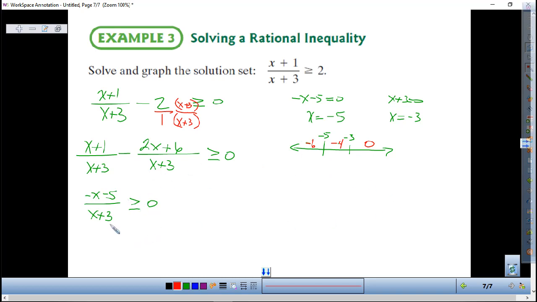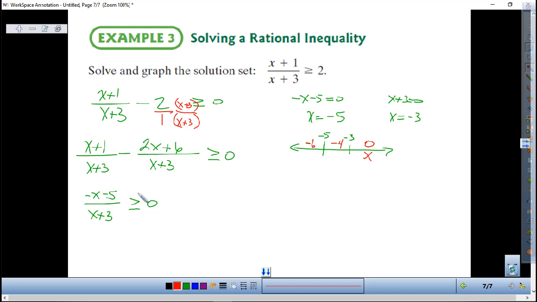You can plug it in anywhere, but this is about the best place to plug it in. I'm going to start with 0 because it's really easy. If you do 0, you're going to have -5 over +3, which is negative. Is that greater than or equal to 0? No, I don't think so. It's less than, so that's not going to be part of our solution.